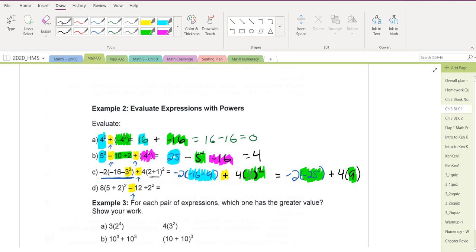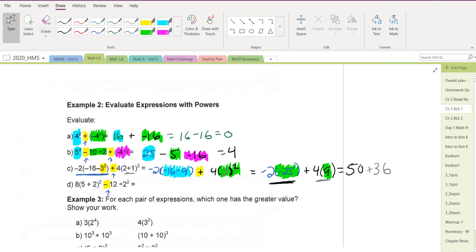So this equals, looking at this one, -2 times -25 is 50, and 4 times 9 is 36. And combine those together is equal to 86.